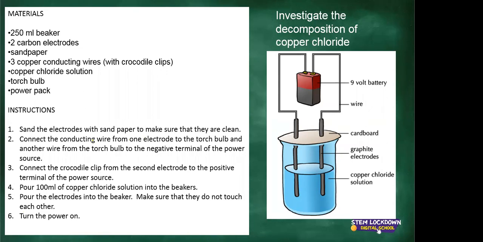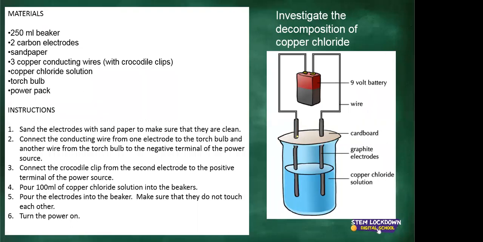So let me explain what I just said. Here we have the power source, that's your battery. Then here we have the wire that's holding your battery, and this wire is attached to your electrodes, which go into the solution. It's covered with a piece of cardboard.